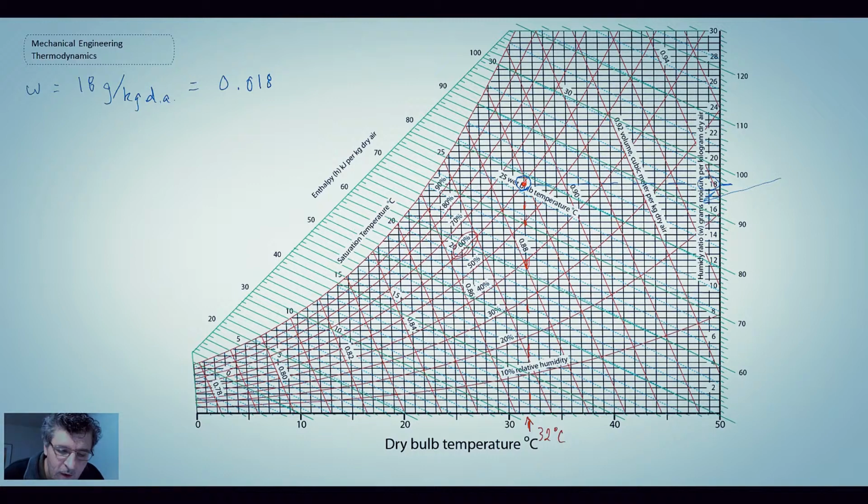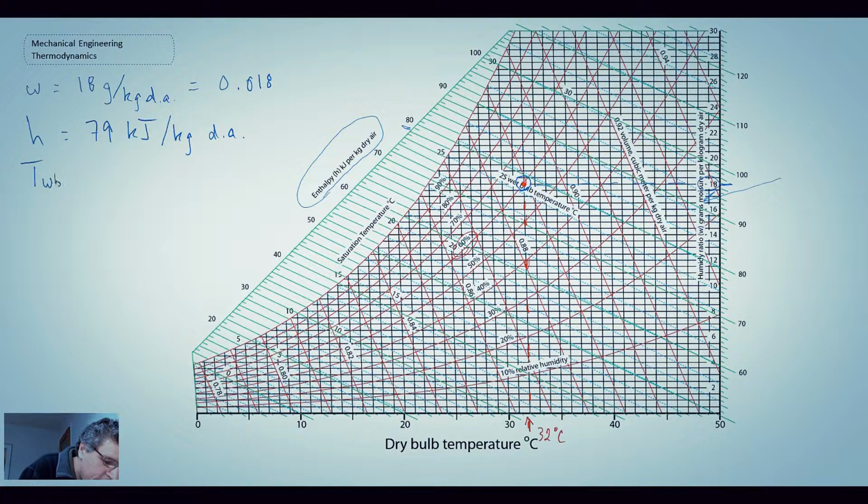The next thing they want us to get is the enthalpy, and enthalpy are the green lines going up. Here are the enthalpy data on the side. If we move our way up here, we find a value somewhere around 79 kilojoules per kilogram of dry air. Next thing they want is the wet bulb temperature.